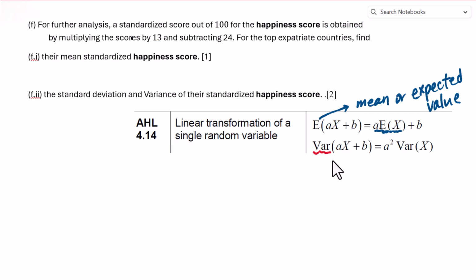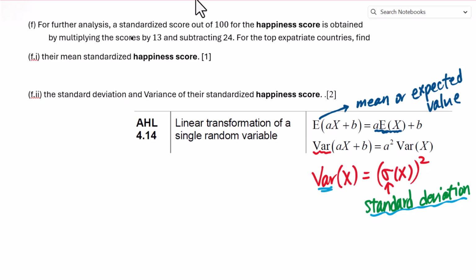Var means variance. We do know variance equals sigma squared. Sigma means standard deviation. Standard deviation and variance measure how the data spread around the mean.